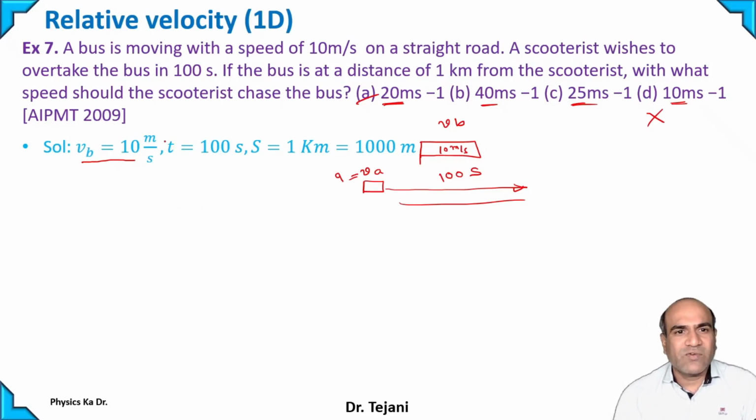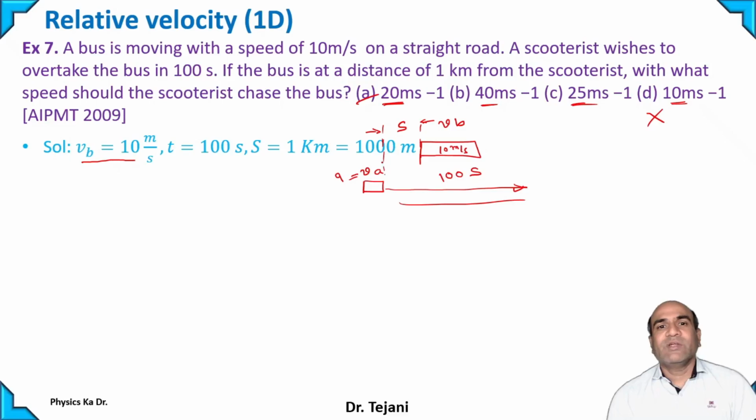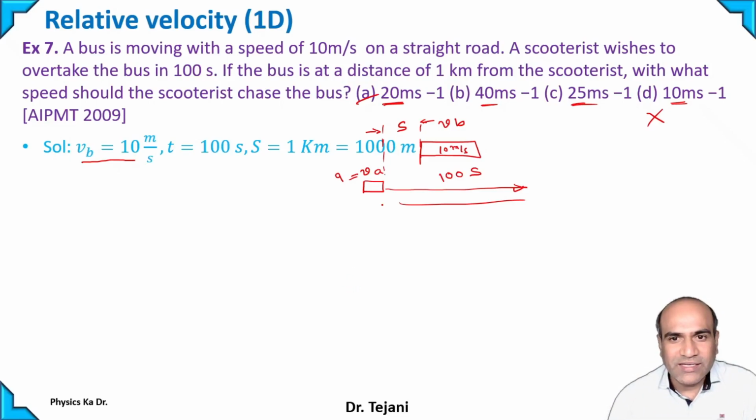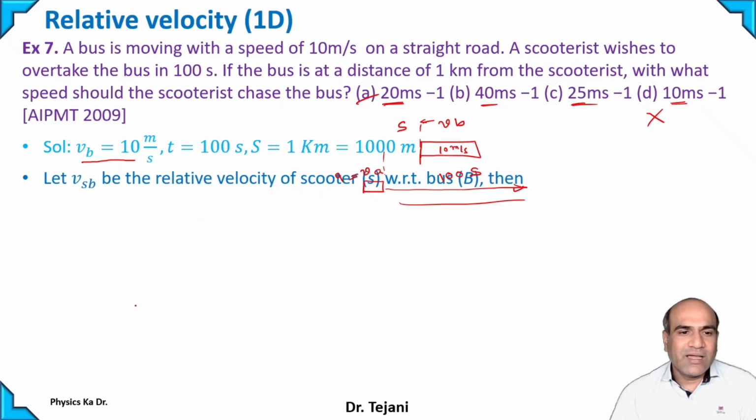B is used for bus. T is 100 seconds. And the relative distance, or simply you can say distance, between the moving bus and moving scooter is 1 kilometer. You can convert this into 1000 meter.